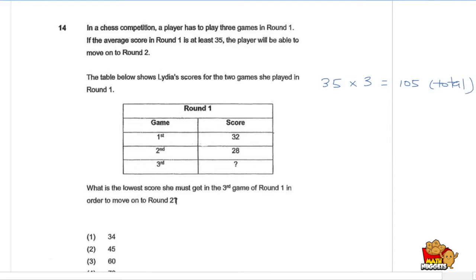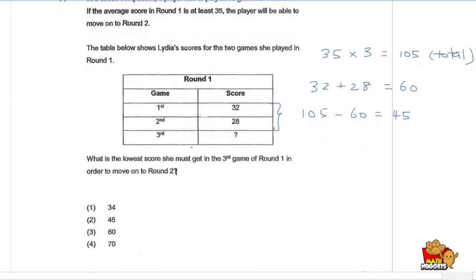For Lydia, for games 1 and 2, she has already scored 32 and 28, which is a total score of 60. Therefore, for her to be eligible for round 2, she needs a total of 105. If we take away the 60 that she has already scored, for round 3 she needs 45.